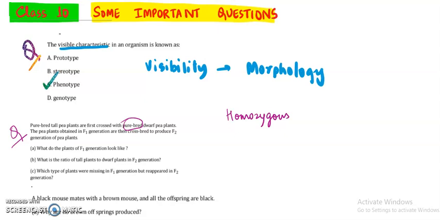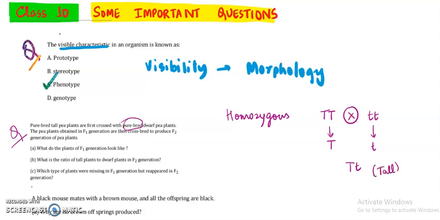So purebred dwarf pea plant and purebred tall pea plant means they are talking about capital T crossed with small t. So of course in the F1 generation we will get capital T small t. That means 100% tall plants would be there.